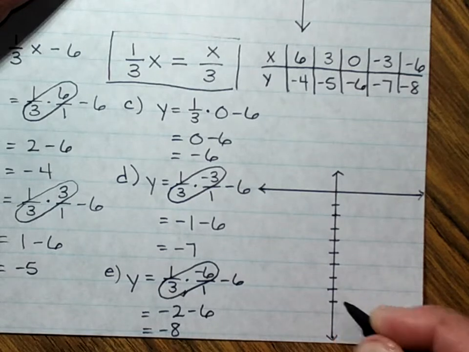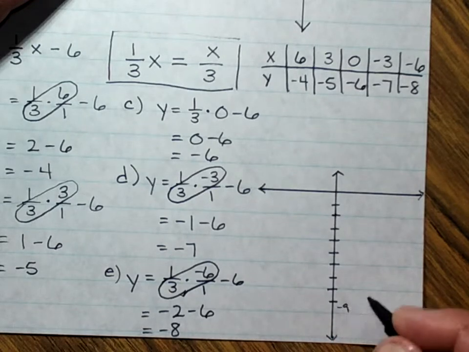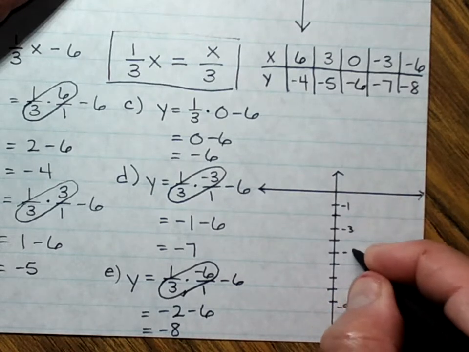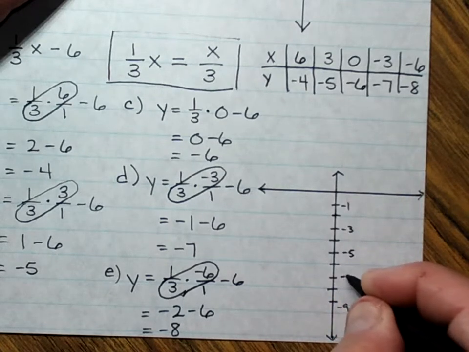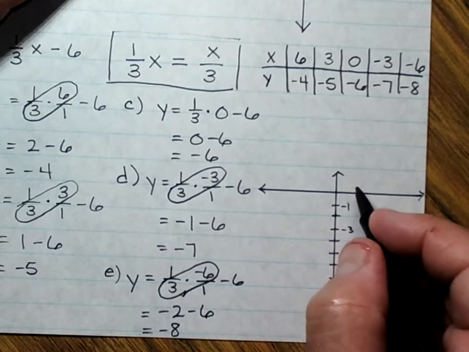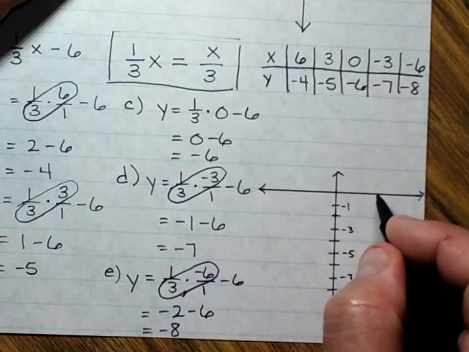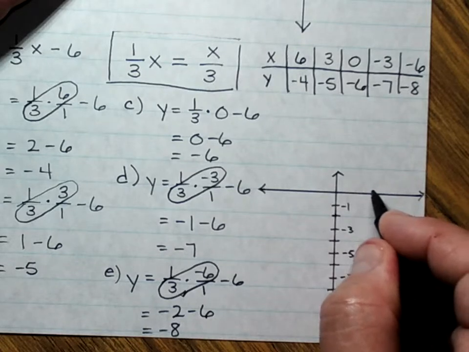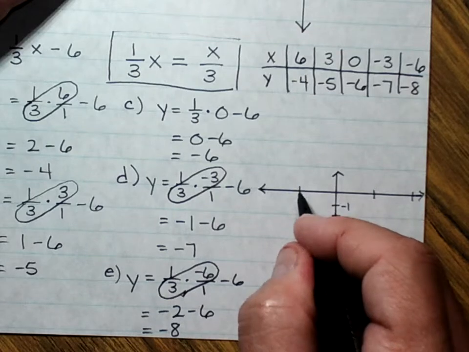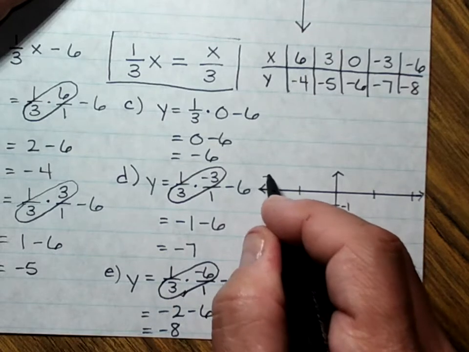I'll put a 9 here just for reference. And then for our x's, I'm just going to do this. 3 and 6, negative 3, negative 6.